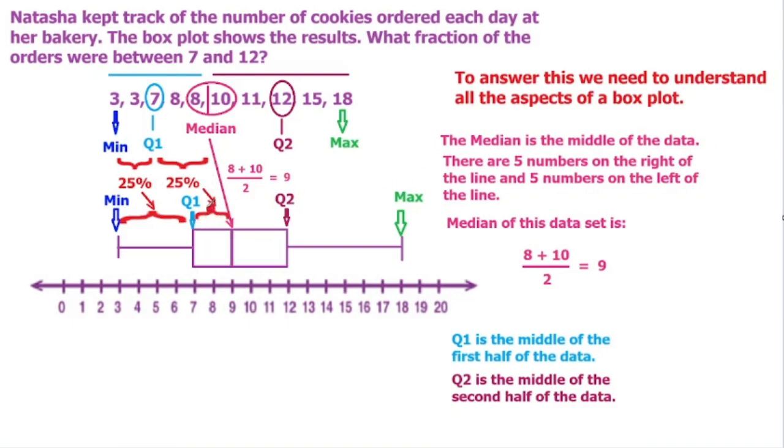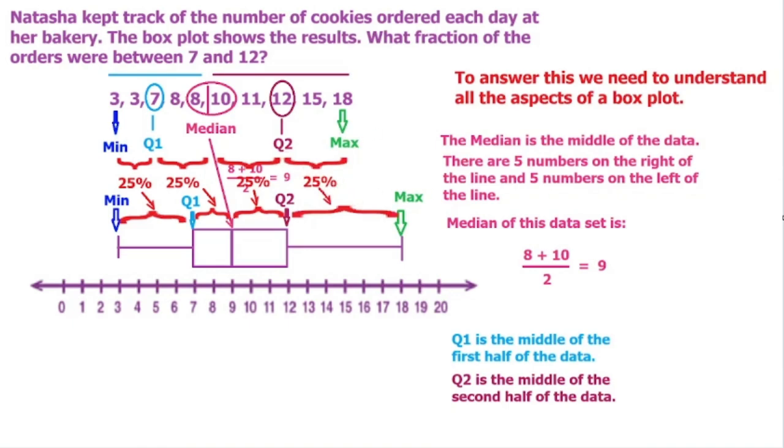This is the other 25% of the data. Then the third piece of 25% is here, right? And the fourth 25% is the last piece here.